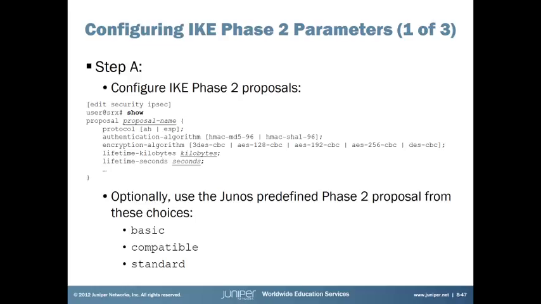Authentication algorithm, encryption algorithm, lifetime in either kilobytes or in seconds, and we can use these predefined proposals again if you wish, or we can use the proposal that we define right back in the very first step.